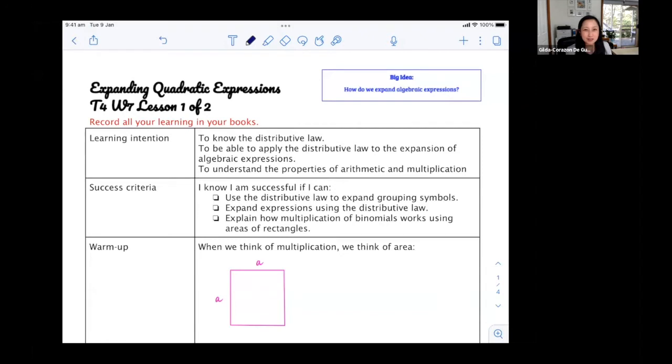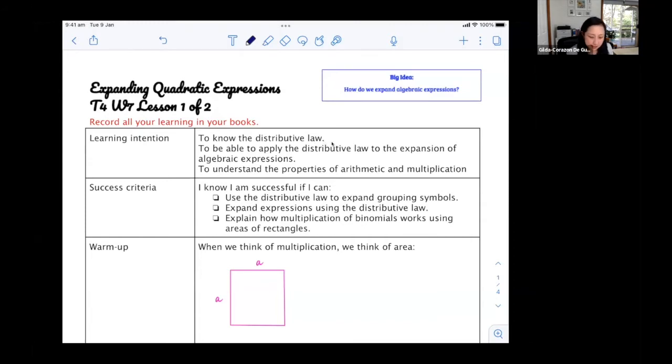But there's something special about expanding, about just multiplying. What's so special is this operation law, which is our distributive law. It's one of our operation laws. We have the associative and the commutative laws, but this one is what we call the distributive law.